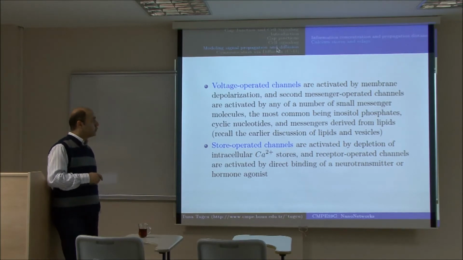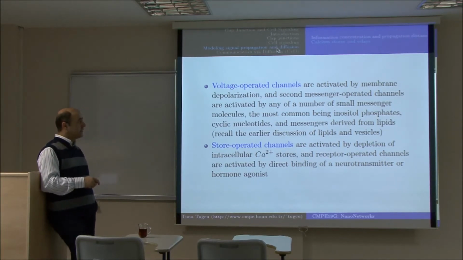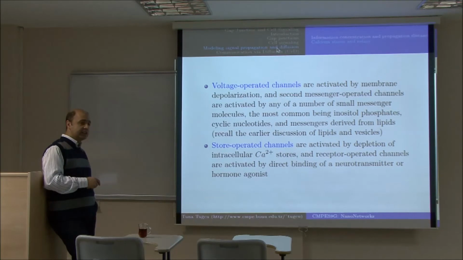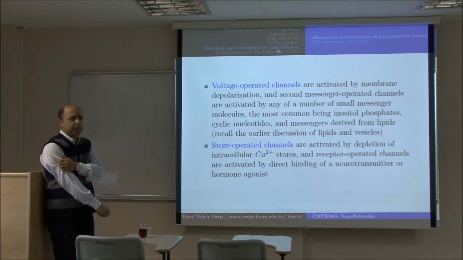If you look at the voltage operated channels, these are activated, as I said, with the change in the polarity of the cell membrane. Second messenger operated channels are activated by any of a small number of secondary messenger molecules.